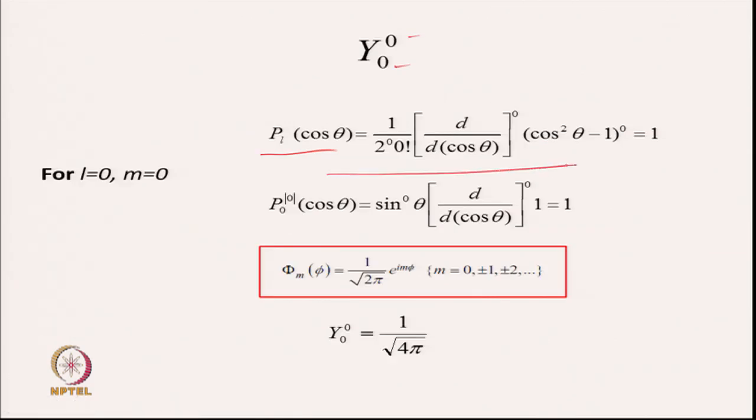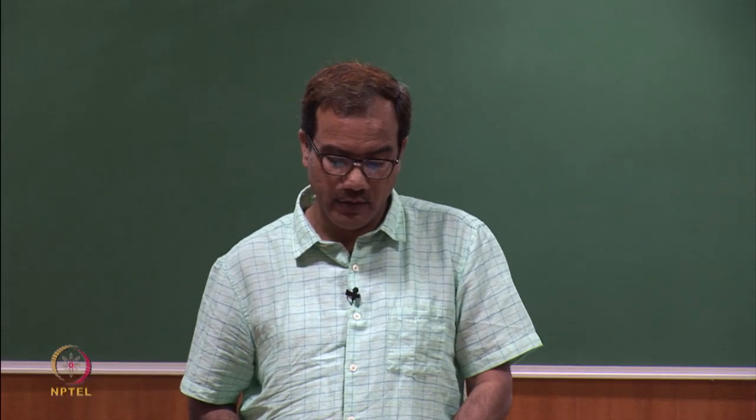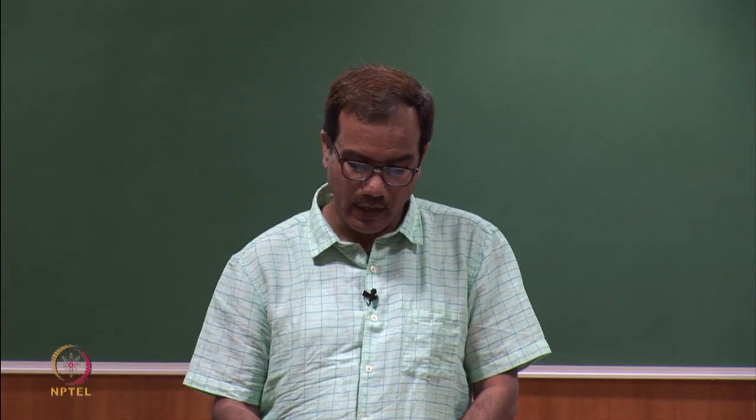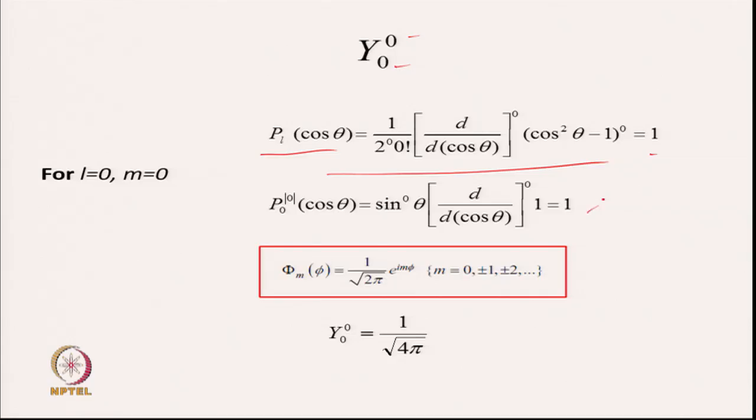If you put that, what we get is 1, and if you remember, the solution we got for j is equal to 0, m is equal to 0 is 1. Now we know the solution of the phi part also, and that is 1 by root 2 pi e to the power i m phi.